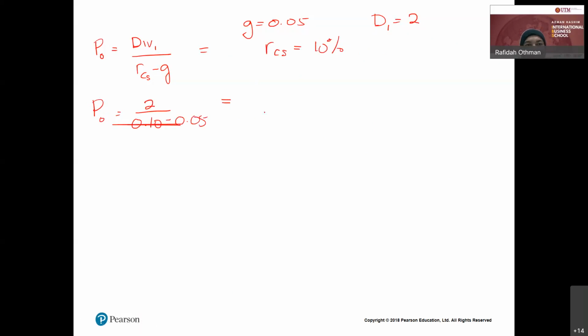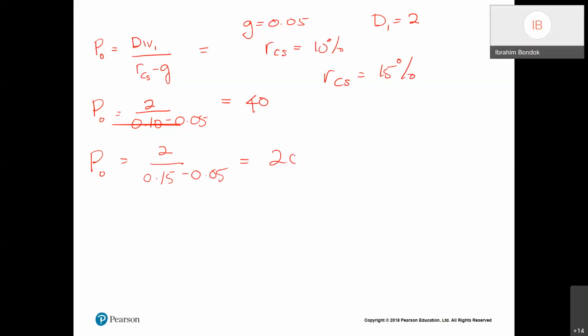Okay, so we try another one where RCS is 15%. 0.15 minus 0.05. That gives 20.